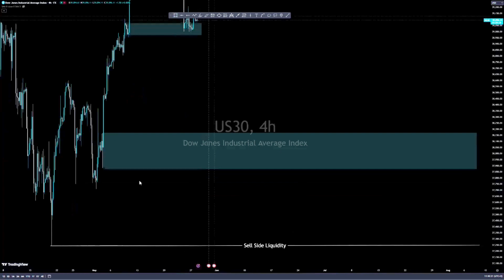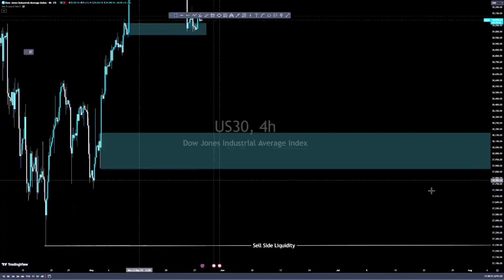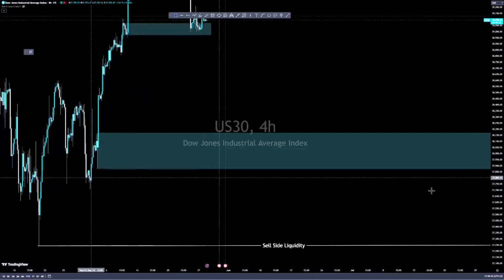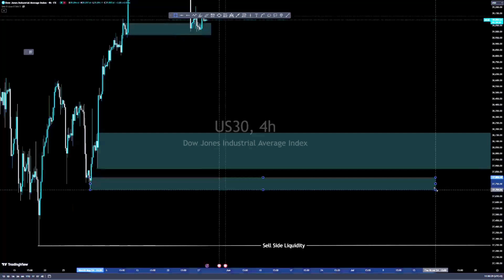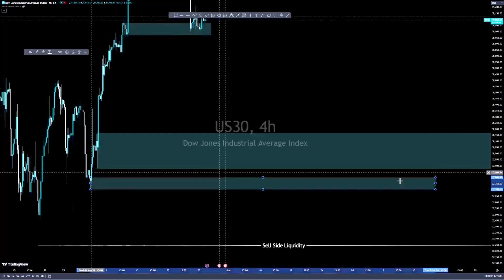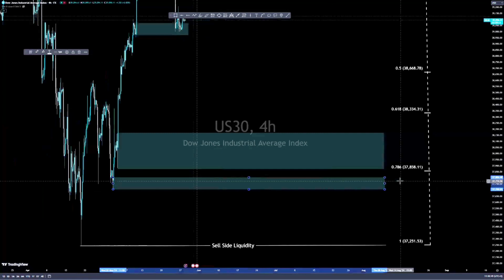And this zone looks strong, because you check this, there's still a little bit of imbalance above it. And it's also close to the 0.786 level, meaning that somehow it might come and mitigate this zone instead of this zone.